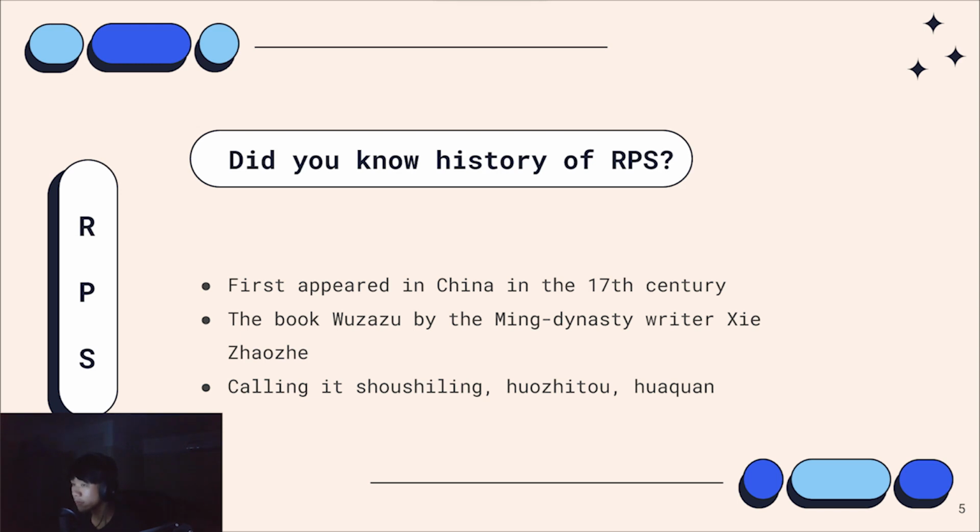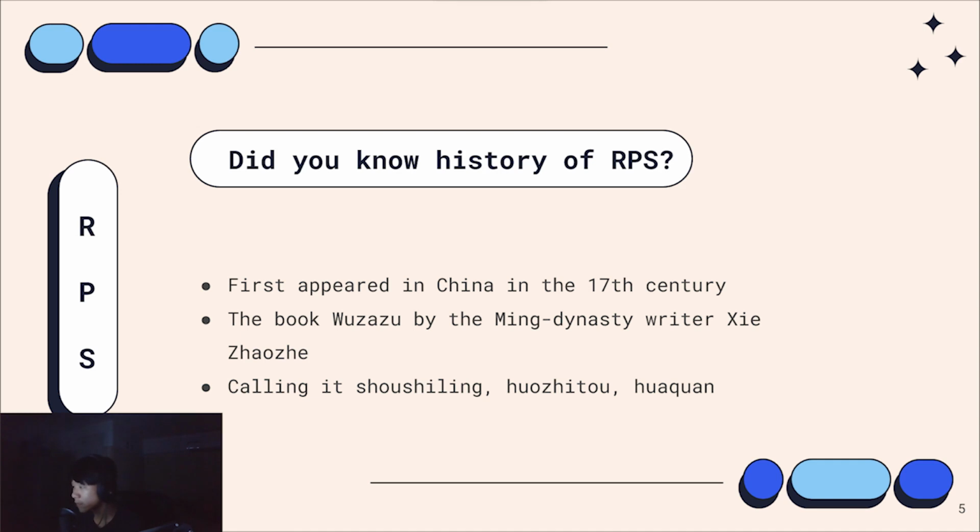The first known mention of the game was in the book Wuzazu by the Ming Dynasty writer Xie Zhaozhe, who wrote that the game dates back to the time of the Han Dynasty. In the book, the game was called Shou Shiling, but another book also mentioned this game, calling it Shou Shiling or Hoshito.